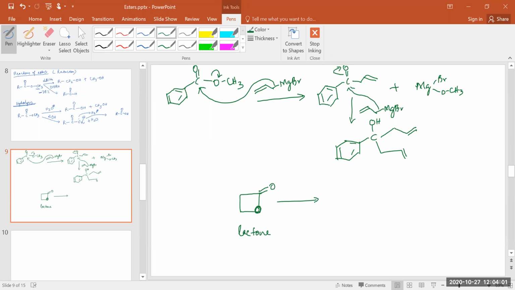See, the same if you use the Grignard reagent here, what will happen? It will go here, and after this shift on the double bond, the ring will open.